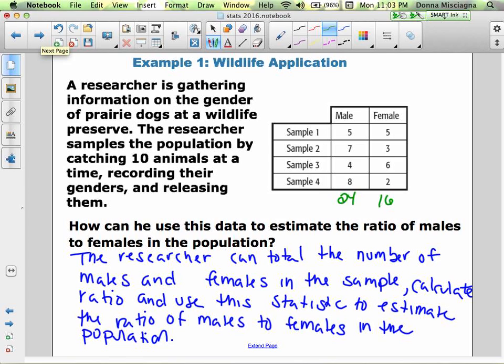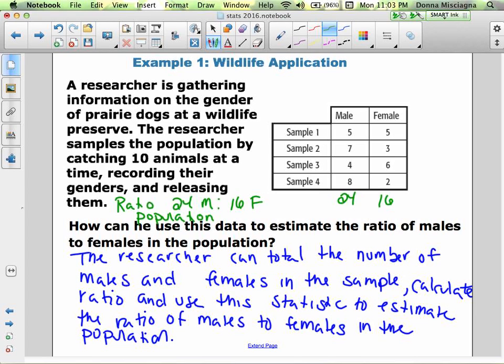All right, so that's a ratio: 24 males, I'll put 24M, to 16 females. So for the population, we can reduce that ratio.